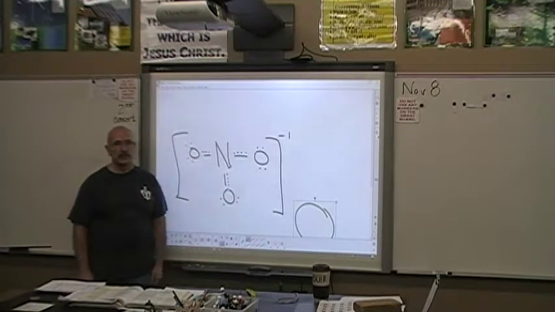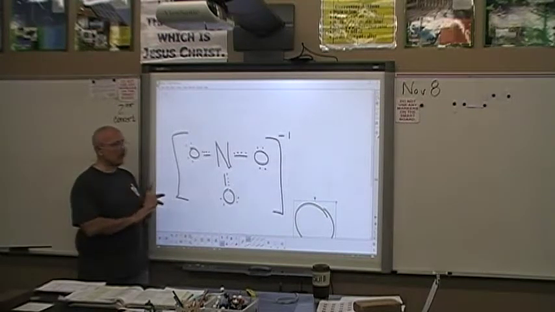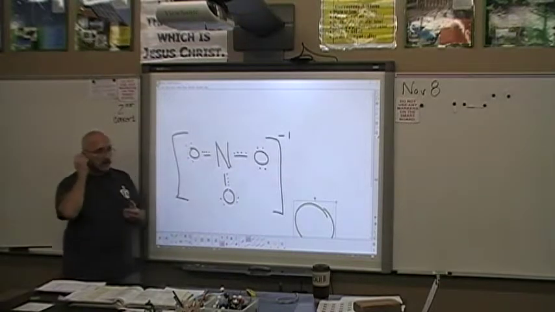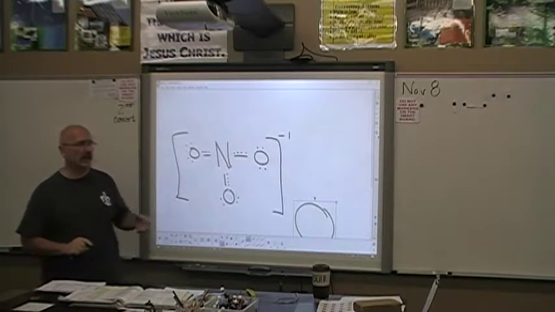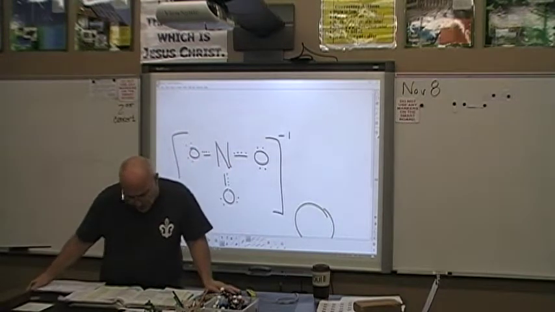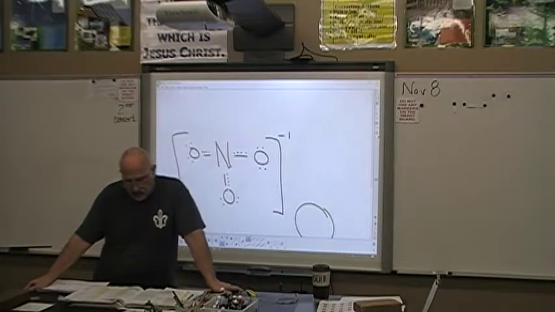Okay, questions? So we've got molecules. We've got like PH3, we've got double bonds and triple bonds we can form. We've got polyatomic ions we can draw, and lastly we've got resonance structures. Now you might want to jot this down. The textbook says, and this is on page 258 if anybody wants to jot a note where it's coming from, the location of the lone pairs and bonding pairs differs in resonance structures.